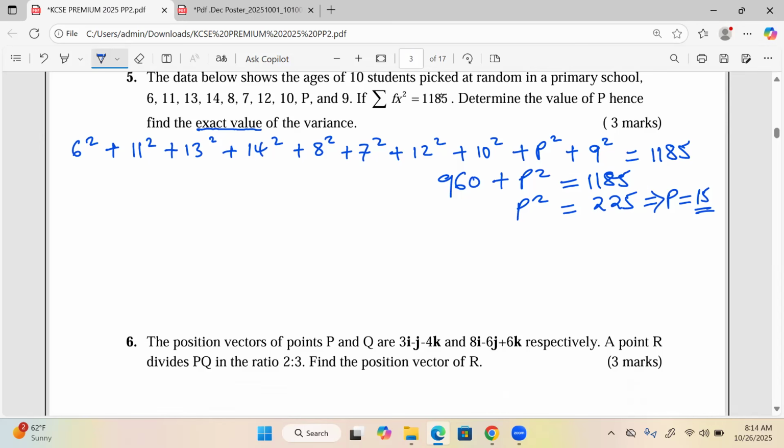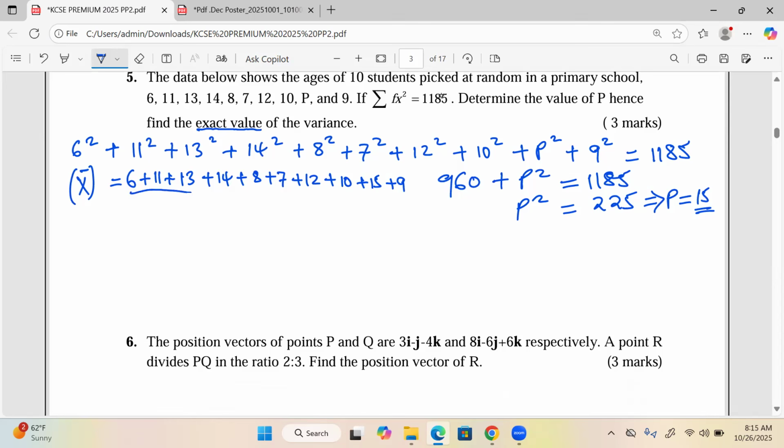We have all the values now. In the process of finding variance, the first thing that we're supposed to get is mean. Let's find mean. Mean means everything added, and we divide by 10. So 6 plus 11 plus 13 plus 14 plus 8 plus 7 plus 12 plus 10 plus p, which is now 15, plus 9.